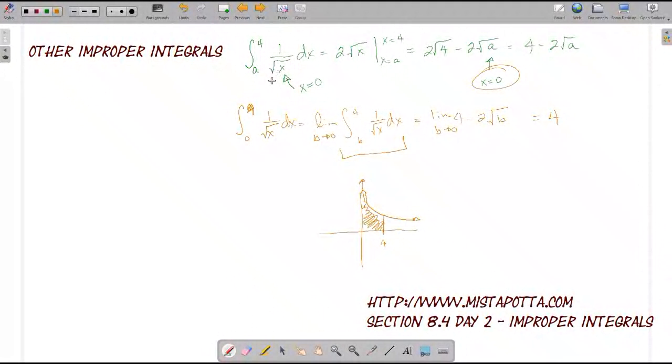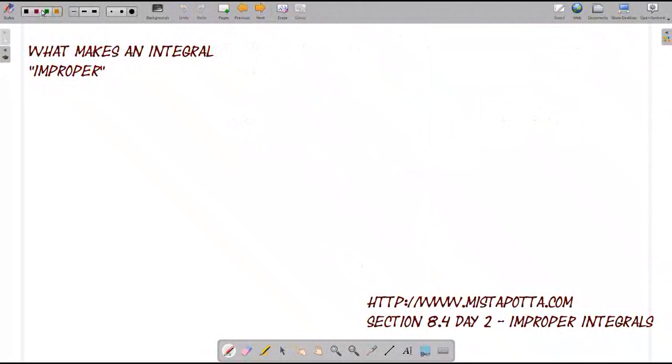And so this brings up a very interesting point. The question is, what actually makes an integral an improper integral?